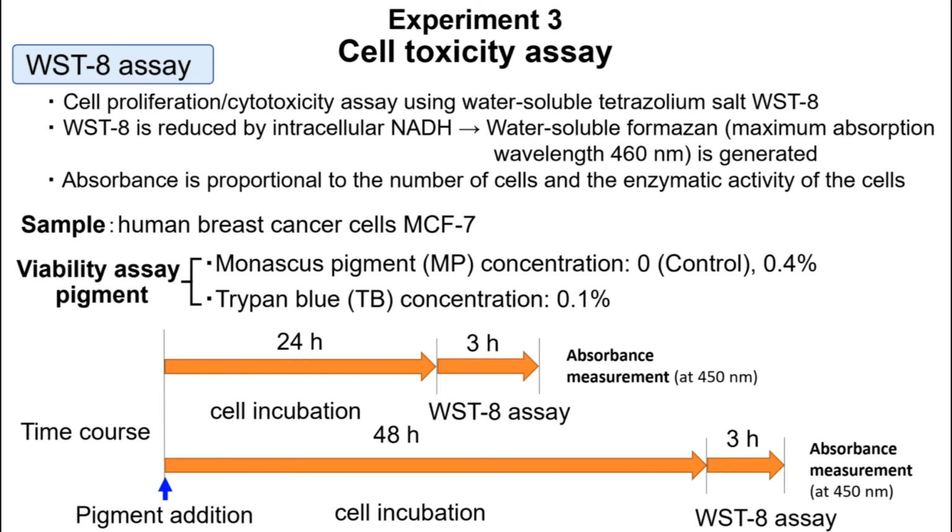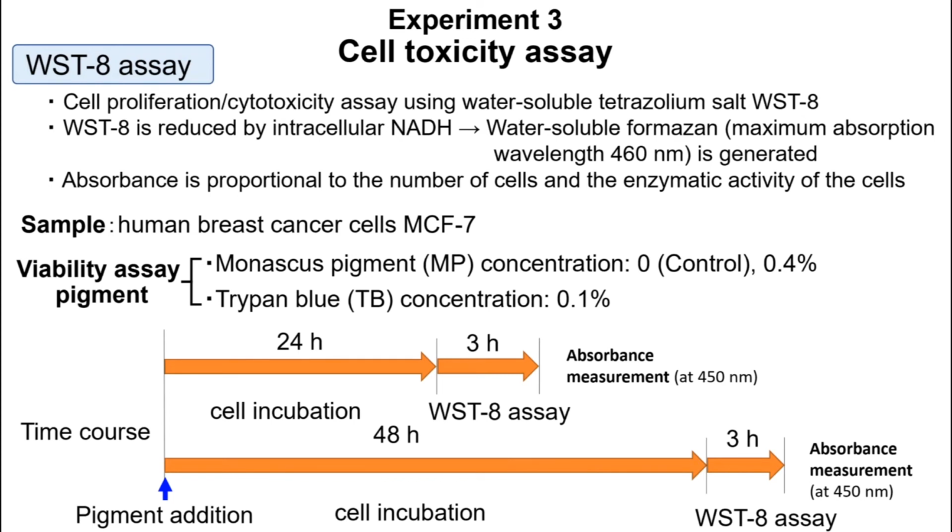MCF-7 cells were treated with 0.4% monascus pigment or 0.1% trypan for 24 hours or 48 hours. Then WST8 was added and samples were incubated for 3 hours.